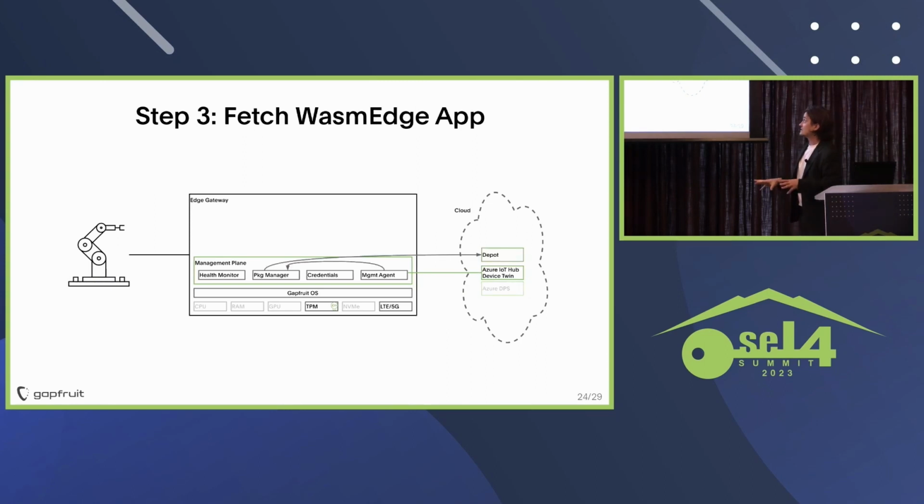So given the desired state, the management agent will tell our package manager which applications and libraries it should install. The package manager then goes to its depot, which is the web server that we saw before, where I published my packages.